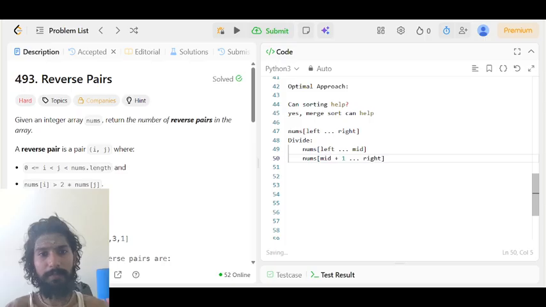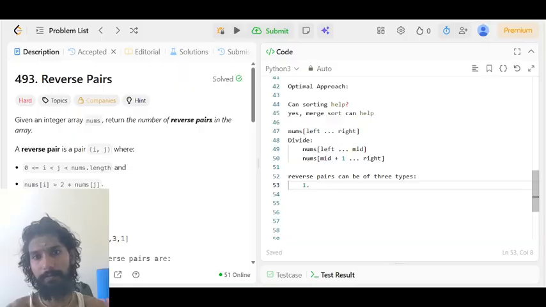Now reverse pairs can be of three types. First, both indices are inside the left half. Second, both indices are inside the right half.